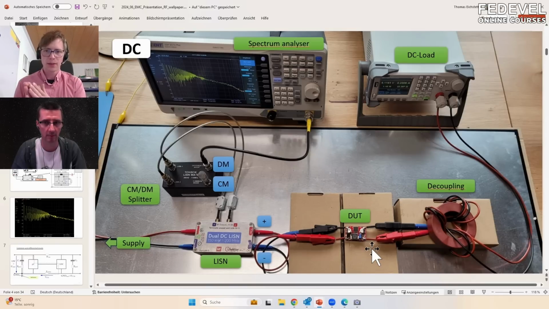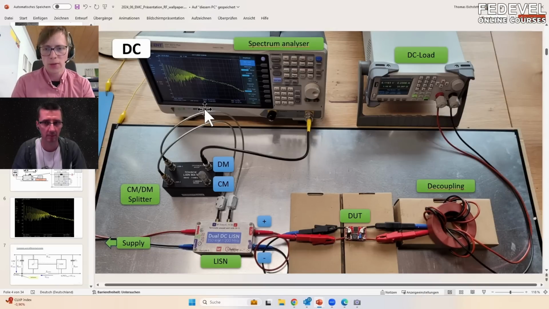Let's say you make steps of 100 kilohertz, just as an example, and you have a filter bandwidth of 9 kilohertz, then you do not see the signals which are in between. So for your pre-compliance, the first thing you need is an option where your device is not missing the signals in between.